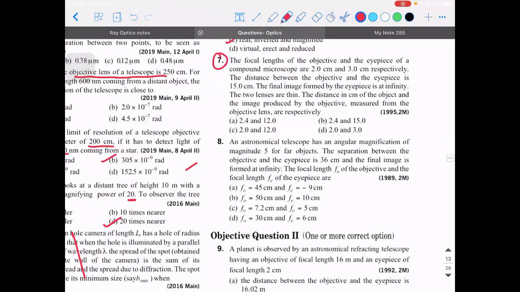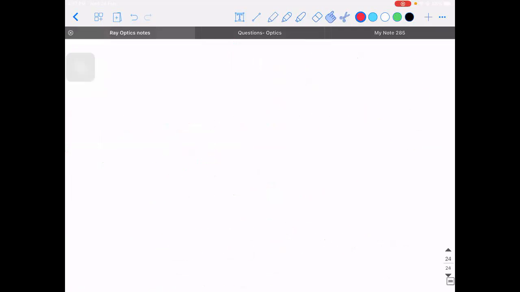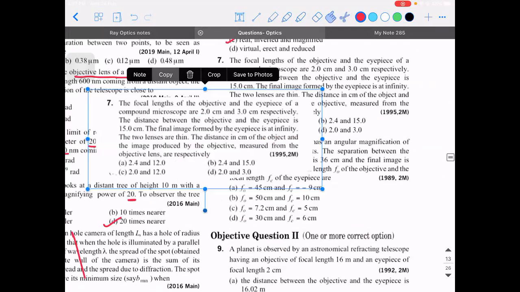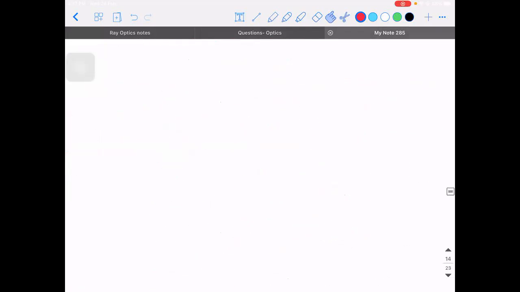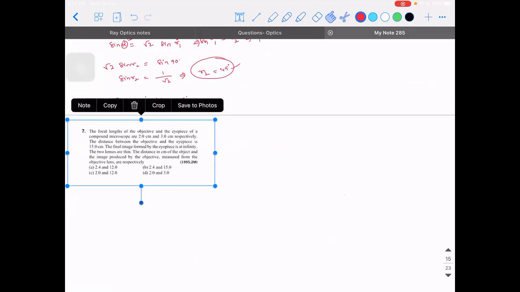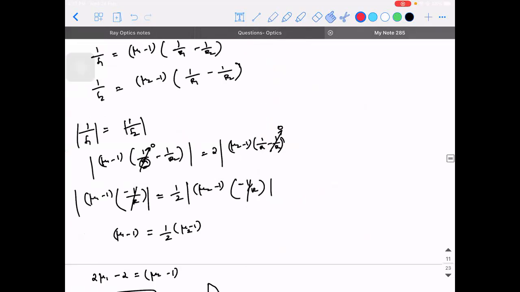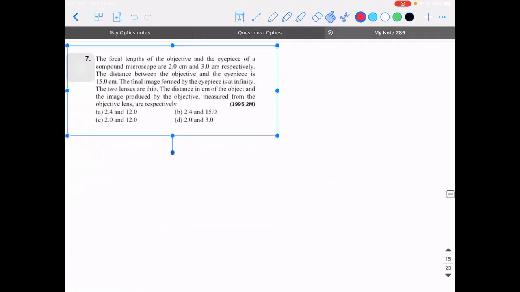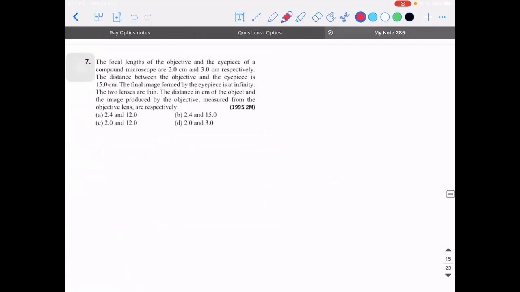The focal length of the objective and the eyepiece here. I'll take a separate page. Let's try this. The focal length of objective and eyepiece of a compound microscope: focal length of objective is 2 centimeter and focal length of eyepiece is 3 centimeter respectively.